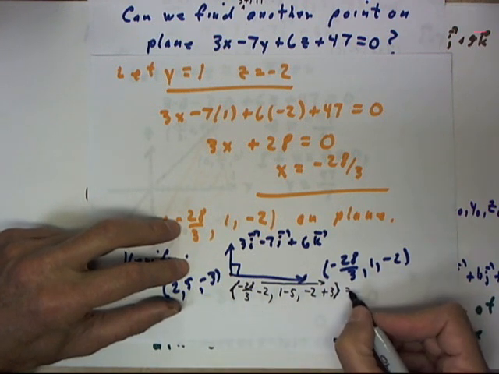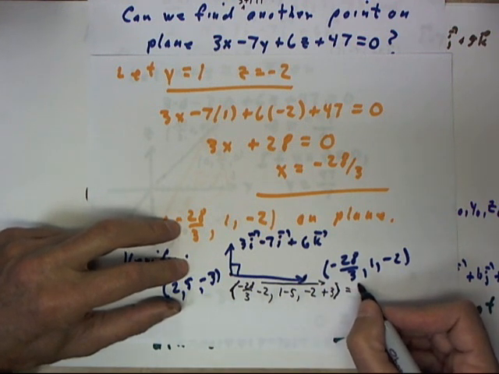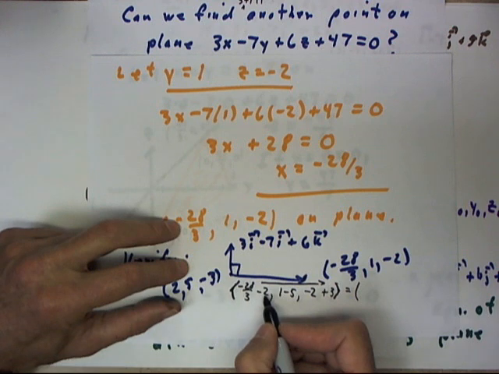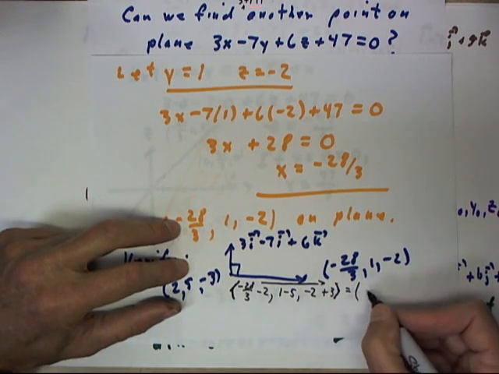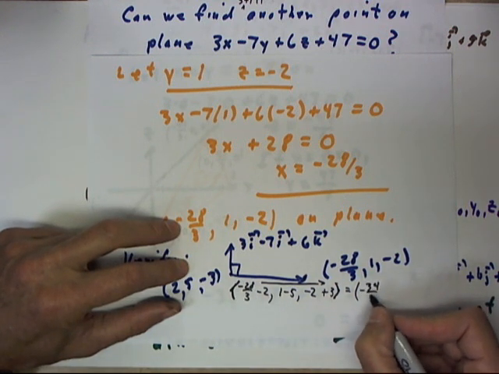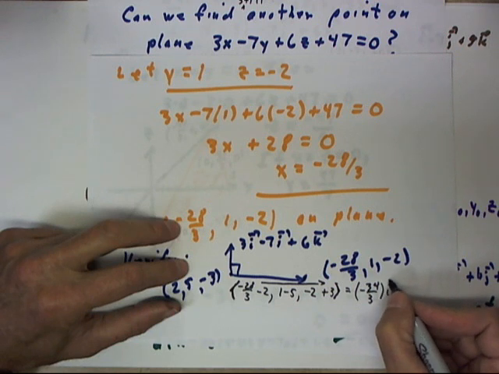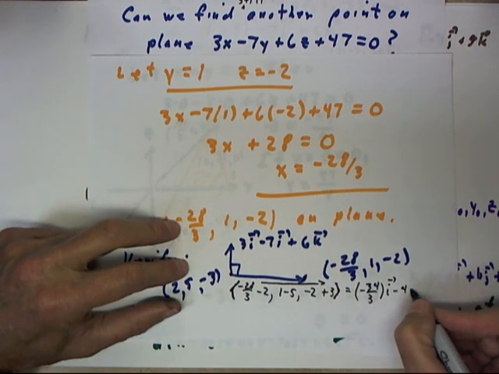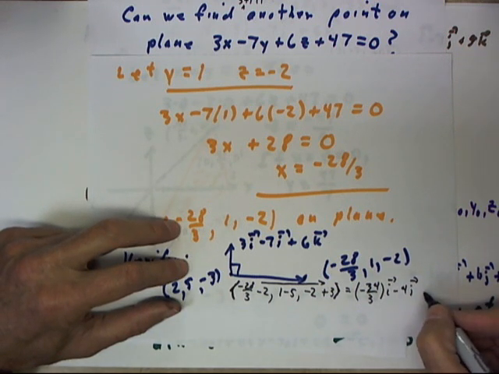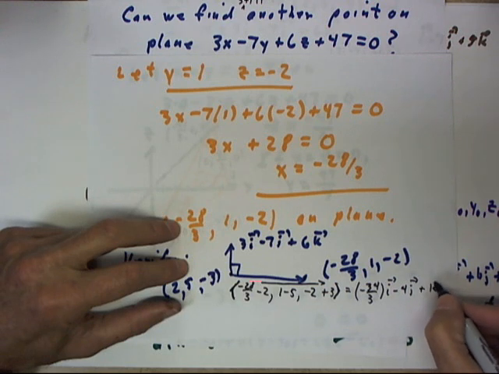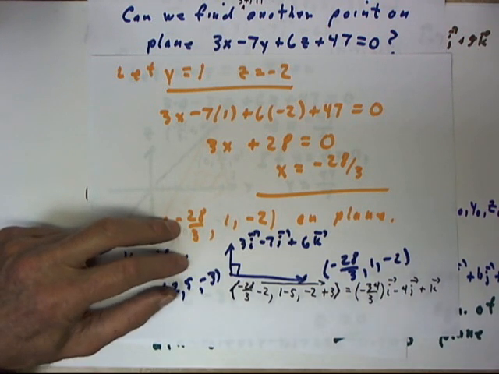And this vector is going to then be, -2 is -6/3, so that's going to be -34/3i minus 4j plus 1k when we add up these numbers.